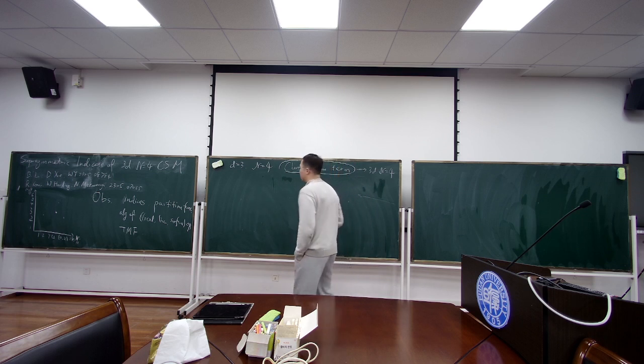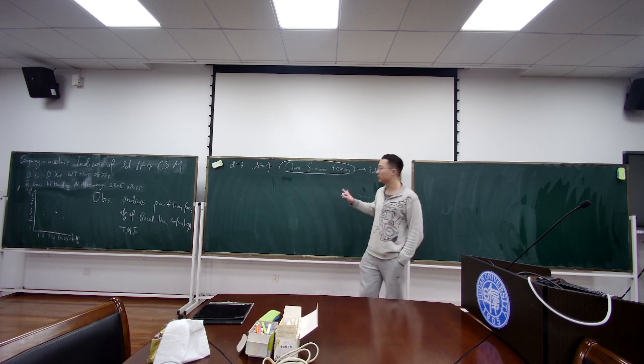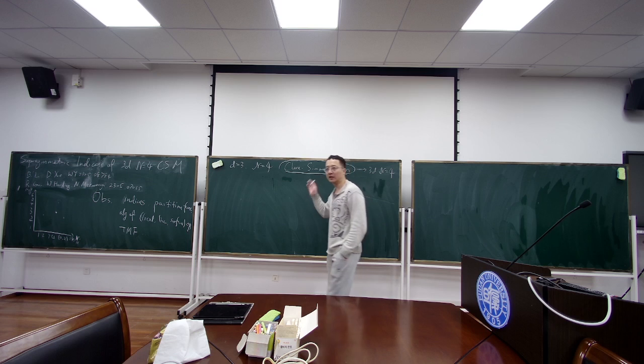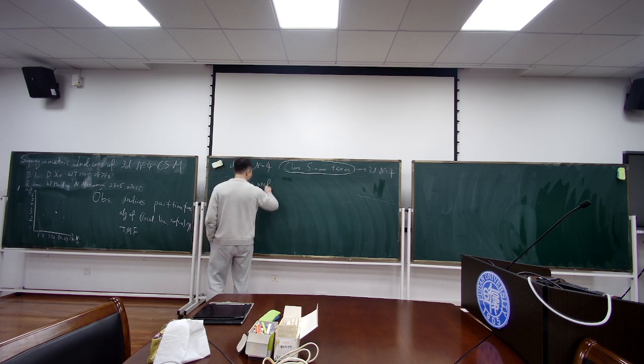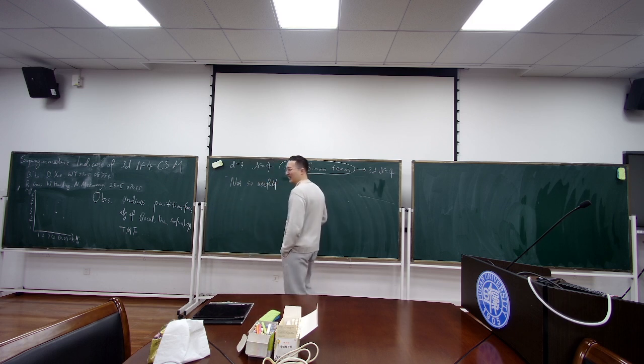Once we have theories with Chern-Simons interaction and 3D N equals 4, I would like to study one of the not so useful observables, according to Dupay, which is the Susy index.